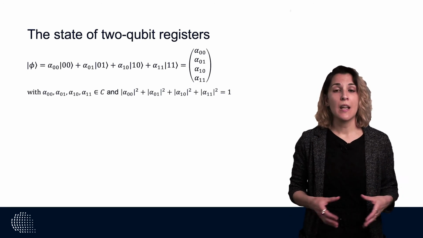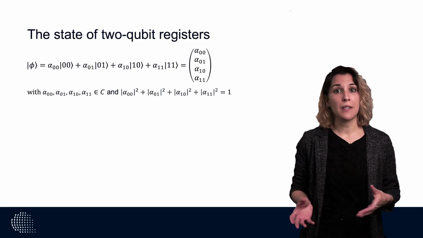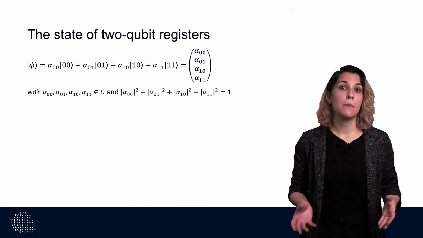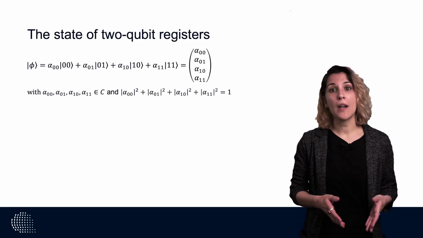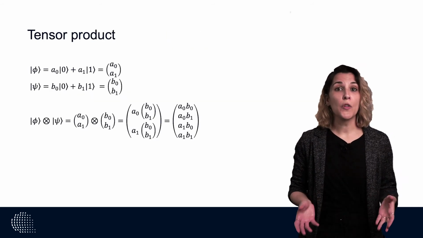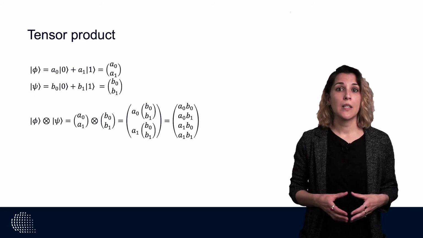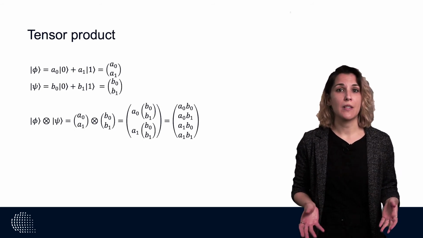It can be written as a linear combination of 4 states, which in the computational basis of 2 qubits will simply be 00, 01, 10, and 11. In order to derive this 2 qubit state, we just need to perform the tensor product of the 2 qubit registers.